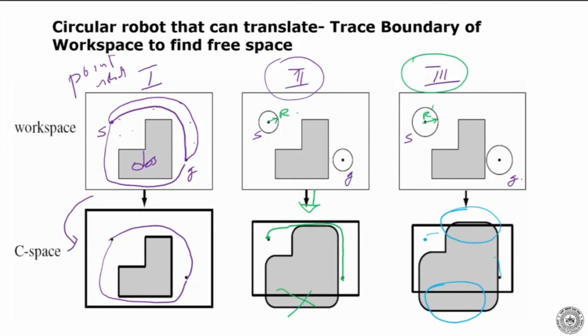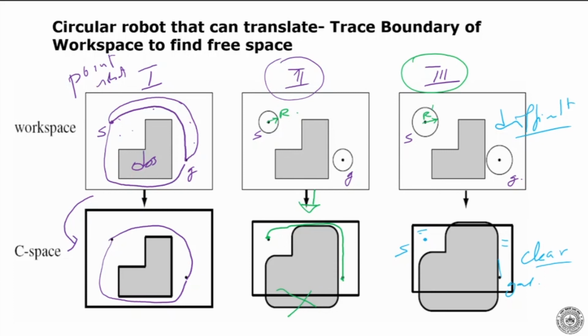This was actually difficult to say just by looking at this figure, but here it is very, very clear. It is extremely clear that there is no path, because the two sides, the start and the goal, are disjointed. There is no connection between this side and this side, so how can it go? So this gives us an idea of how to go from the Cartesian space to the C space.